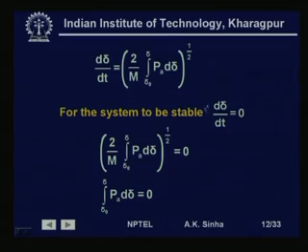Now, we have seen that for the system to be stable we must have d delta by dt equal to 0 at some point. Using this criterion we can write that the square root of 2 by m integral from delta 0 to delta of Pa d delta must be equal to 0, since d delta by dt must be 0 at some angle delta.